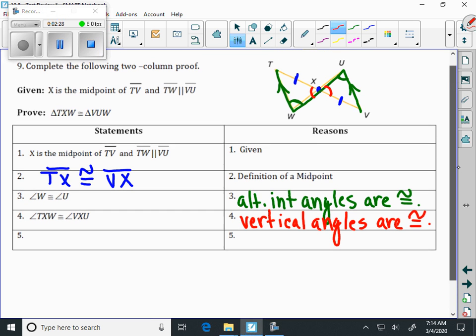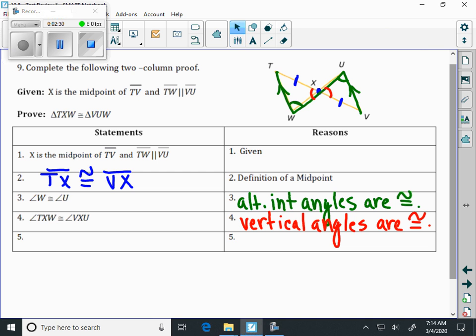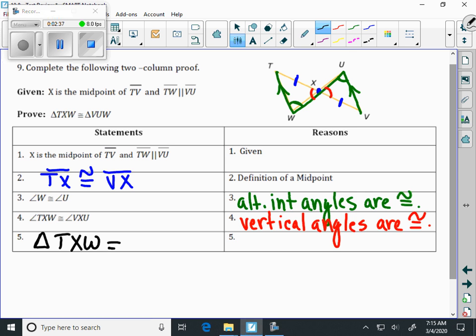And now lastly, and I should have done it way before this, but I forgot to write down that we're trying to prove that triangle TXW is congruent to triangle VXU. So TXW and VXU.